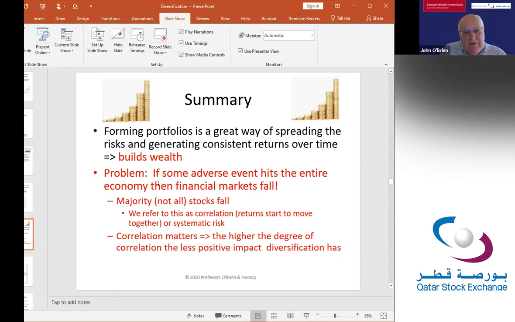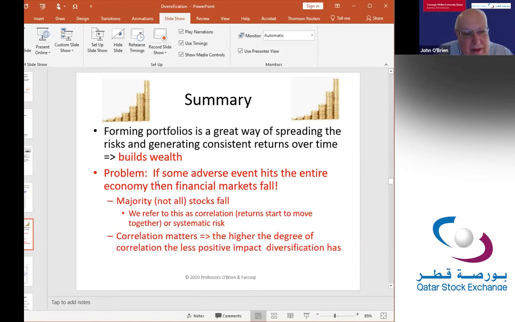And in terms of risk, we refer to this as systematic risk. So systematic risk is something that affects the entire economy, the entire market. Unsystematic risk is something that affects only a particular stock or maybe a couple of stocks, okay?